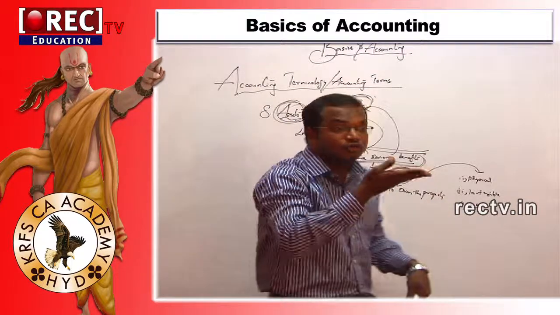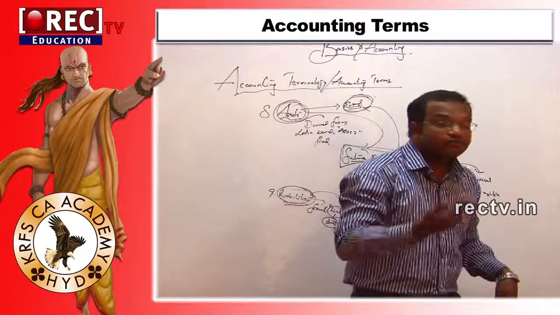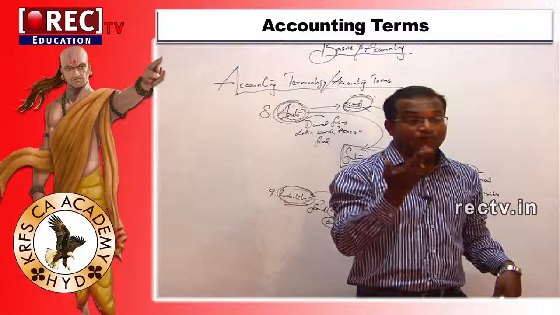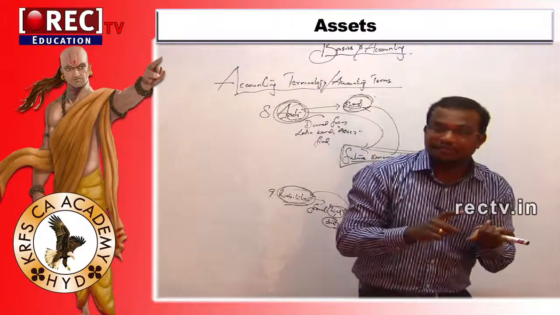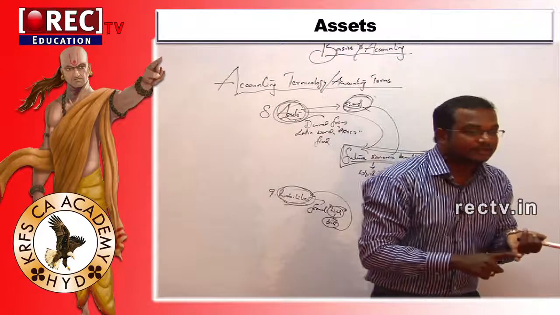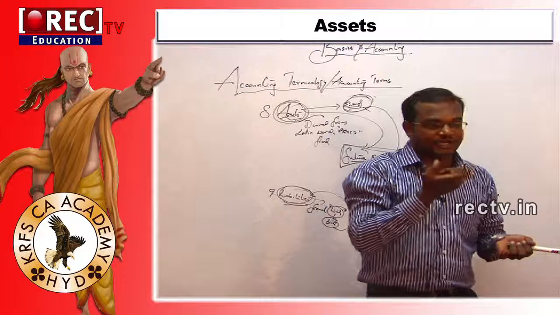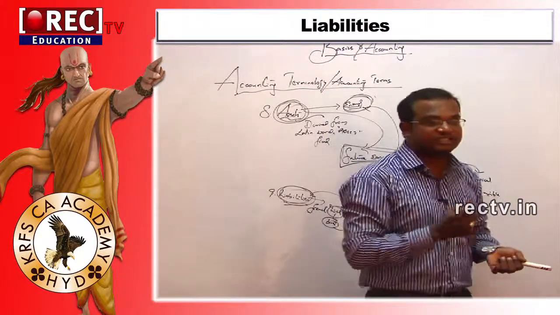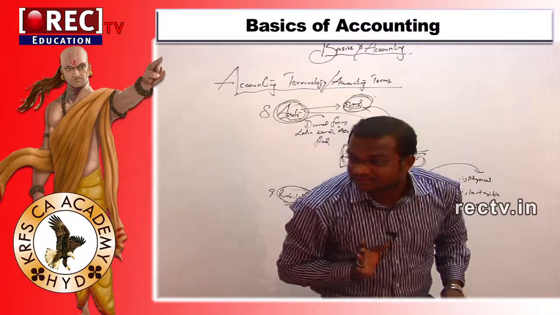But here, yet to receive from others, one day the amount will come from outsiders. It is due to the company from others. It is nothing but current assets. It can be bills receivable, it can be debtors, it can be accrued income, outstanding income. The company generated the revenue, but it is yet to come. That is nothing but outstanding income. We have seen this clearly.